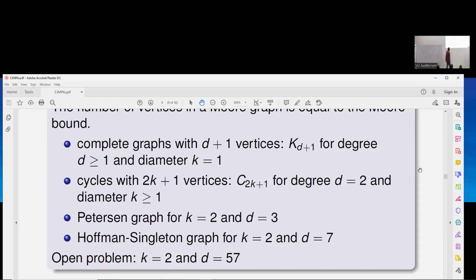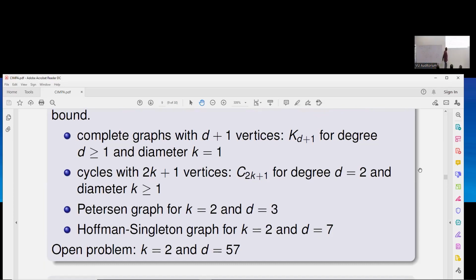This problem has been studied for decades, and it's still unknown if we can construct a graph of diameter 2 having 1 plus 57 plus d times d minus 1, which is 57 times 56, vertices. This one is unknown. If it can be constructed, we can slightly proceed.